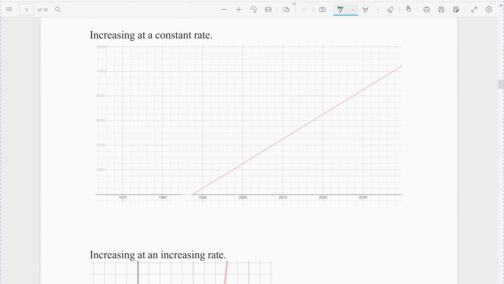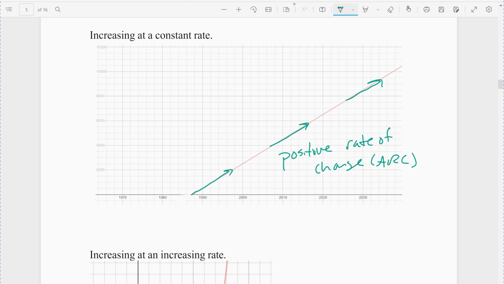A line graph means it's a constant rate. In this case, because we're moving in the upward direction, it's a constant change. Anywhere on this line, we're moving up at the same rate. So this would be a positive average rate of change, the same through any points on the graph.